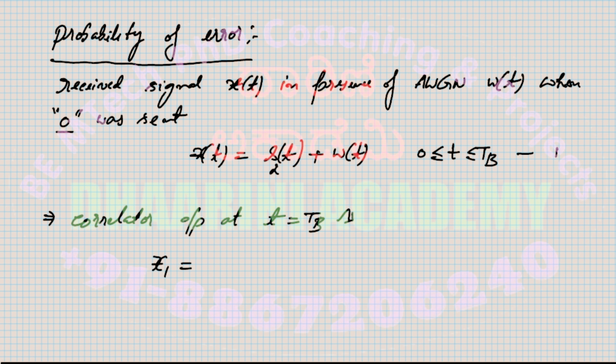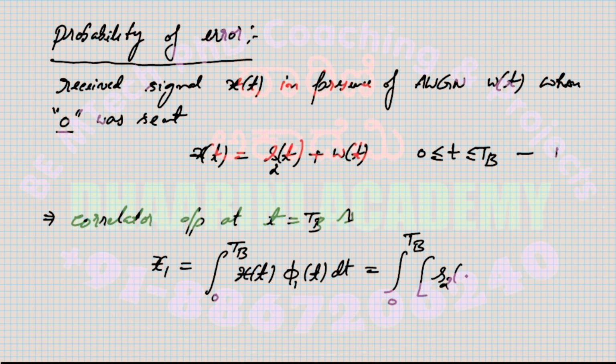That's the output of the correlator at t equal to Tb. But what is x of t? Definitely we can substitute for x of t. So that is equal to the integral from 0 to Tb of s2 of t plus noise w of t, times phi 1 of t, dt.